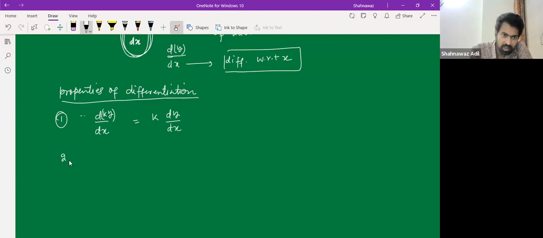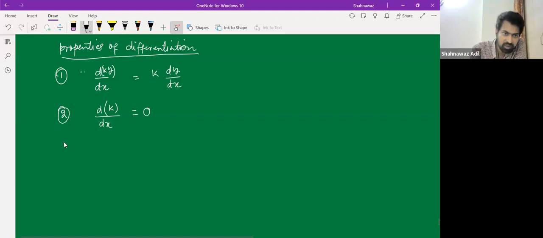The second property was that if I take the differentiation of a constant term, this gives me 0. Then we learned that if I take the differentiation of two functions in addition form, u plus v, this gives me du by dx plus dv by dx. Let me write it in capital.